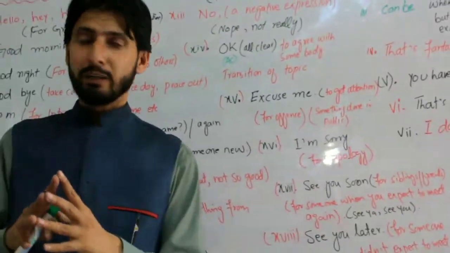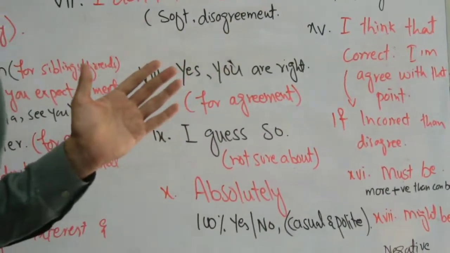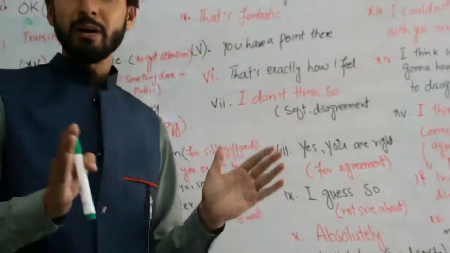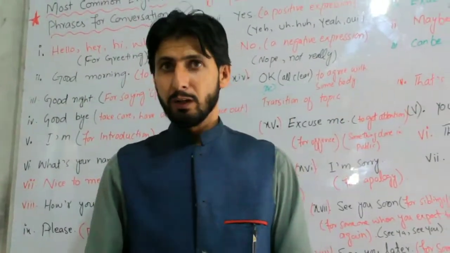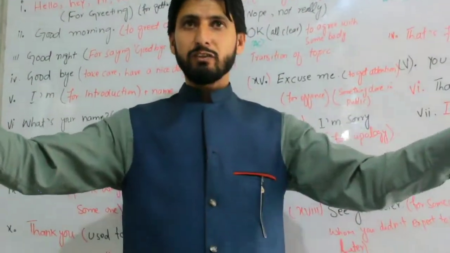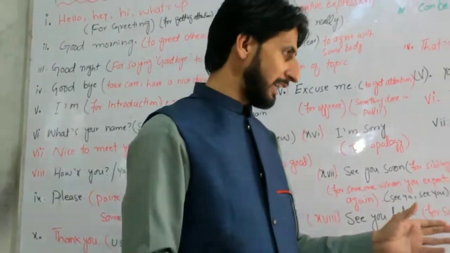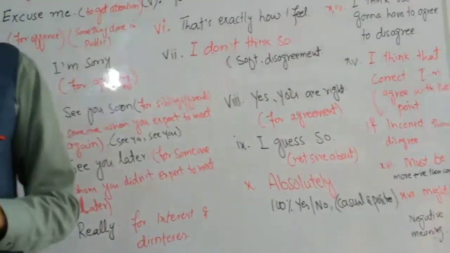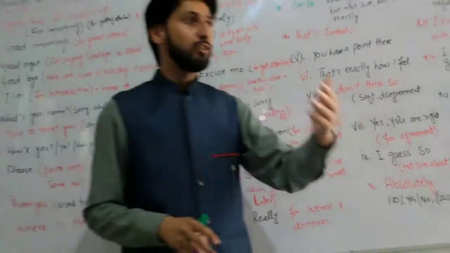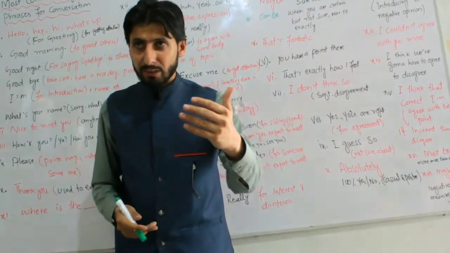So for an agreement, I guess so. When you are not sure about a particular thing, a particular idea, or a particular discussion, all people are making discussion with each other, and after discussion you can say, "I guess so." Another example, your friend invites you, he says, "Would you like to have dinner with me tonight?"